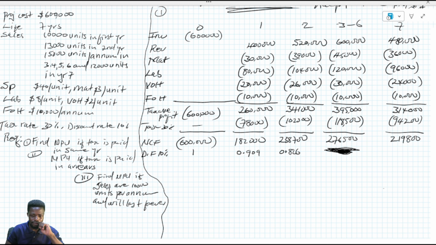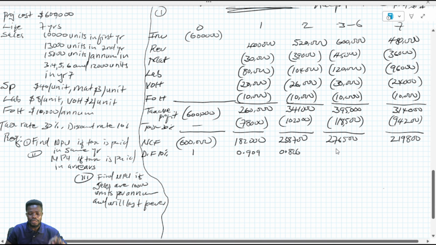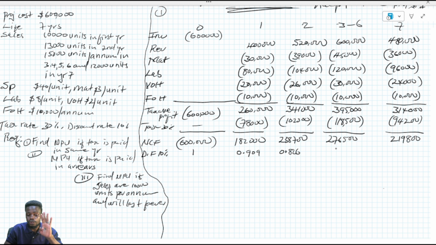But remember, it is 4 years cash flow. So what do you do? Since the cash flow is constant, you go to your annuity factor and take that one. But though it is 4 years cash flow, you're not going to take the annuity factor at year four. You're still going to observe the annuity factor at year six. That is what you observe.